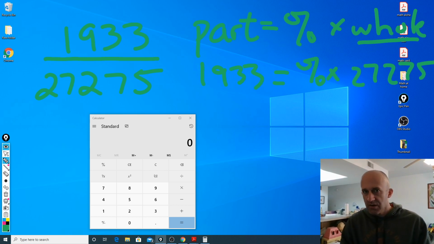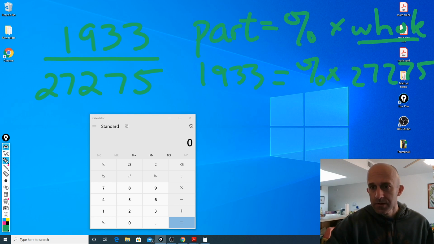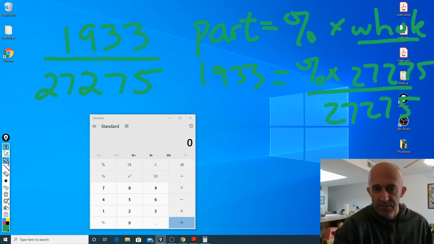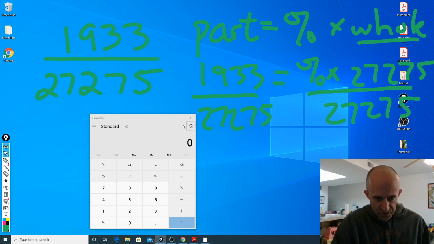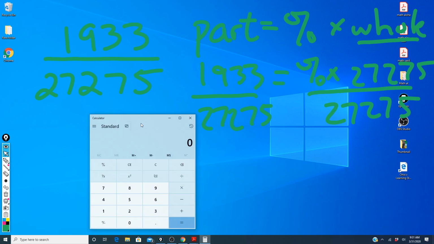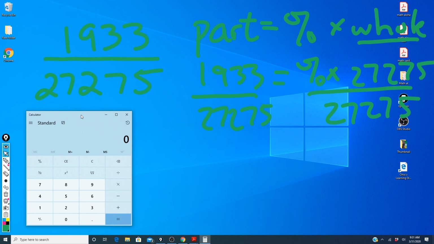So when we're trying to figure out the percentage, we're going to divide both sides by 27,275. So you have your fraction, 1933 over 27,275.